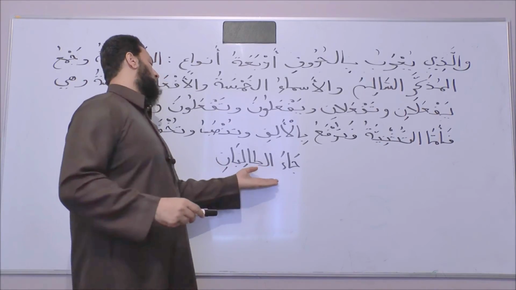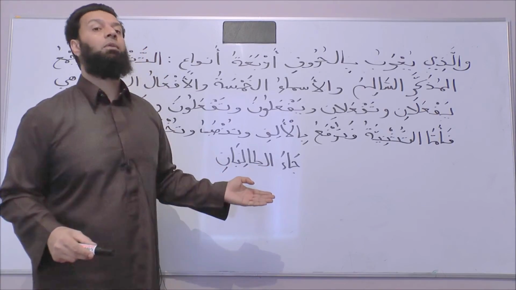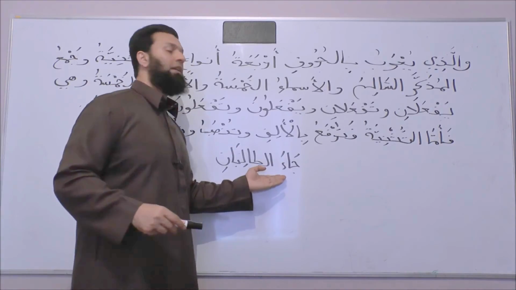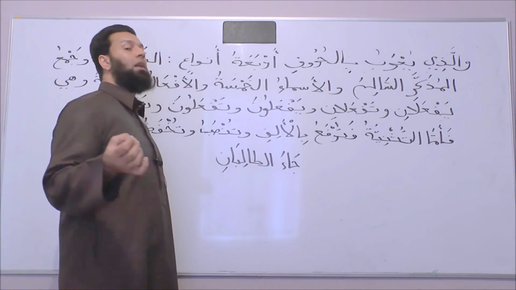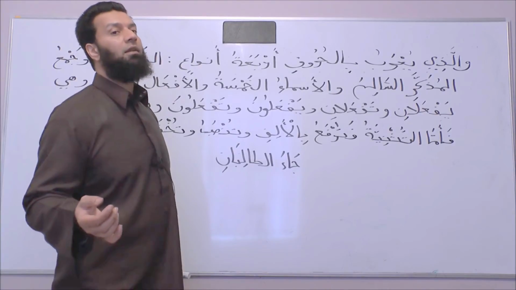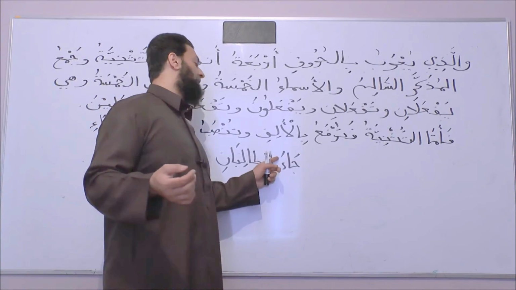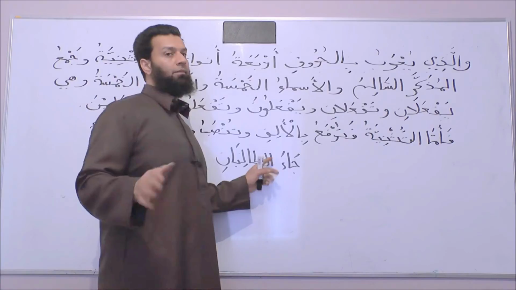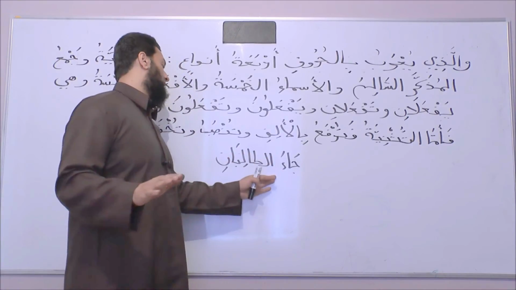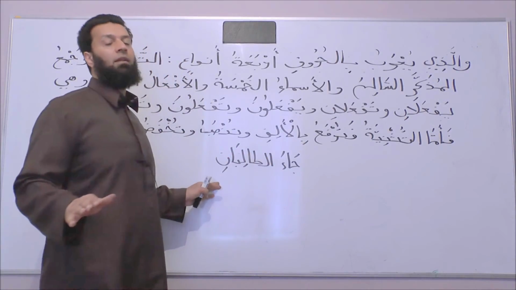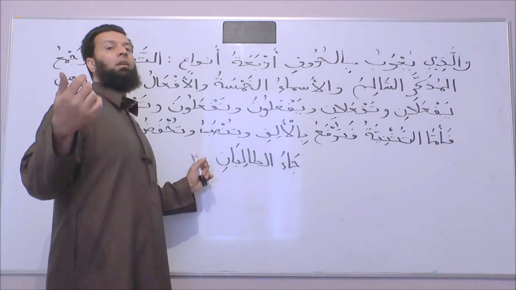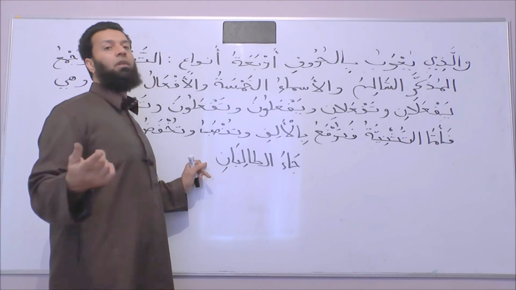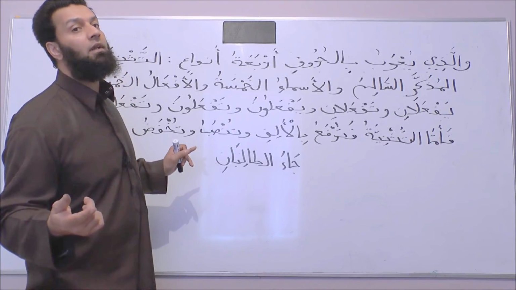So let's quickly do the i'rab of this. جاء is فعل ماض مبني على الفتح. الطالبان is فاعل مرفوع وعلامة رفعه الألف.